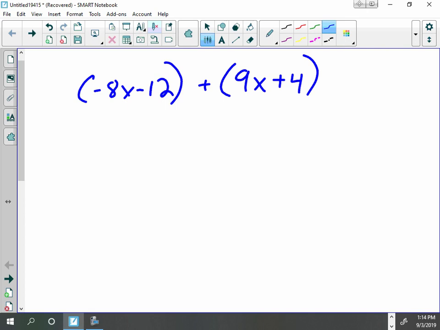And we just look. What is -8x and 9x? That would be 1x. And -12 plus 4 is -8. That's the simplified version. When you subtract, it gets a little bit more complicated.